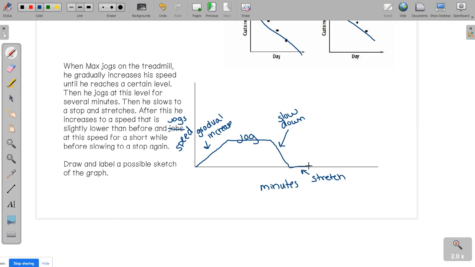Then he increases his speed to not as high as before. And then he jogs for some time and then slows back down to stop. So that is a nice representation of Max's jog on his treadmill as a graph.